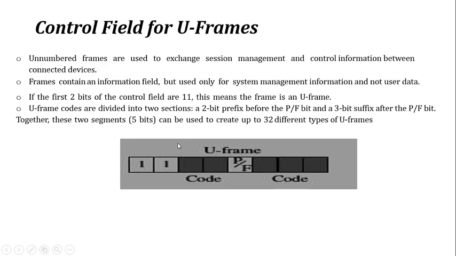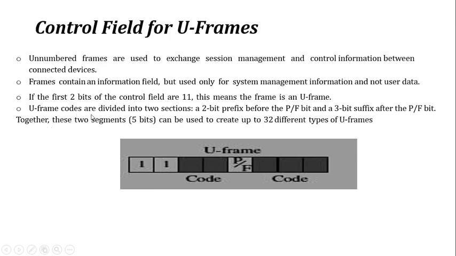Then the control field for U frame. Unnumbered frames are used to exchange session management and control information between connected devices. These frames contain an information field that is used only for system management information and not user data. If the first 2 bits of the control field are 1, 1, this means the frame is a U frame.